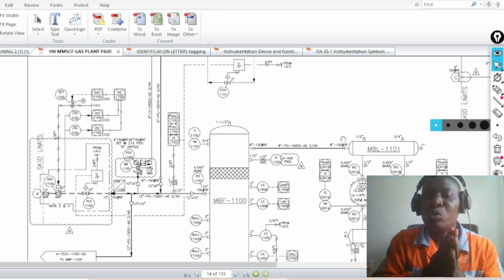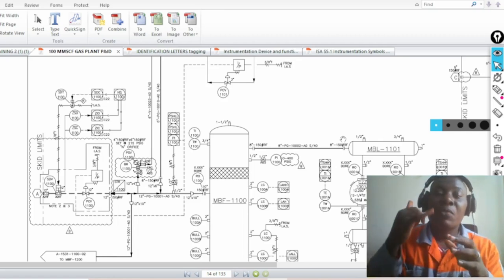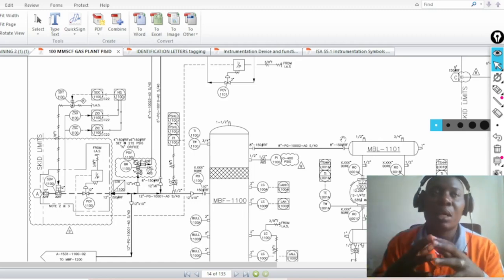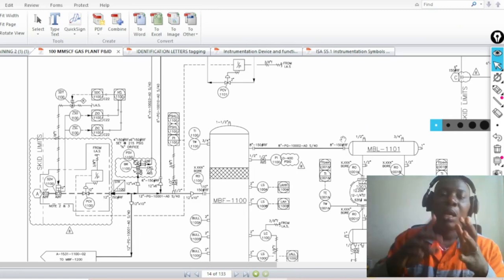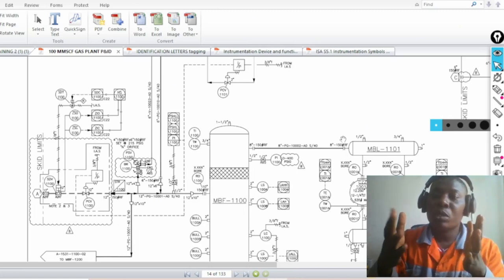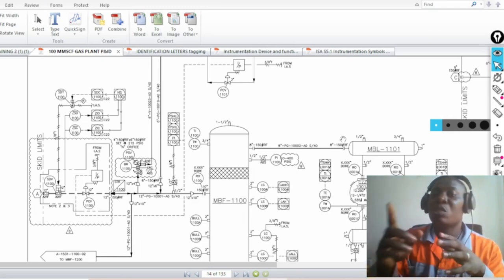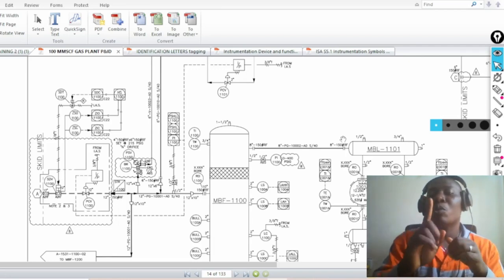Now in SIL level 2, the second uncle, every day you call your uncle, he is going to deliver. Only in every 100 to 1000 years is he going to fail you once.